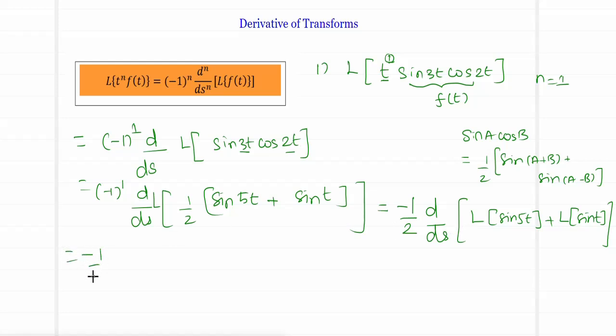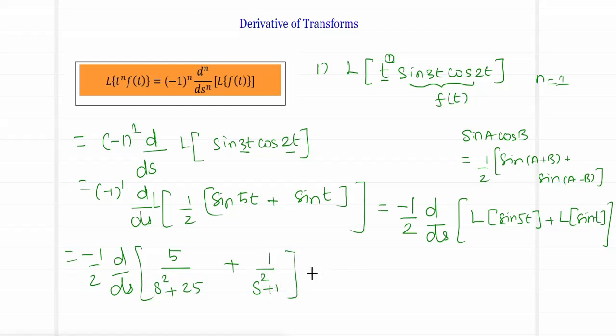What is Laplace of sine 5t? This is going to be, the constant 5 over there in the numerator, s squared plus 25. What is the next term? Laplace of sine t. And what is Laplace of sine t? 1 divided by s squared plus 1.